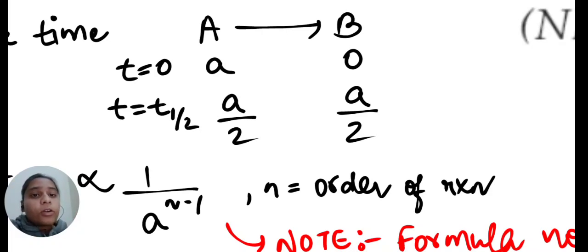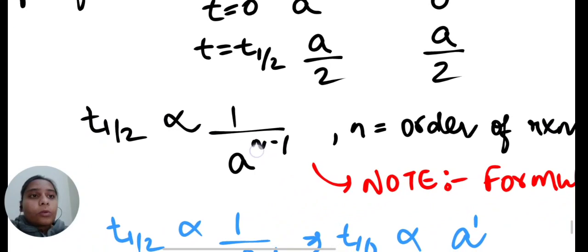Now, at time t half, half lifetime I have denoted by t half, is the time when half of the reactant is converted into product. Now, if half of the reactant is converted into product, then how much product will be formed? It will be equal to half of the reactant, that is, the concentration of B is equal to a by 2 and similarly the concentration of A is equal to a by 2.